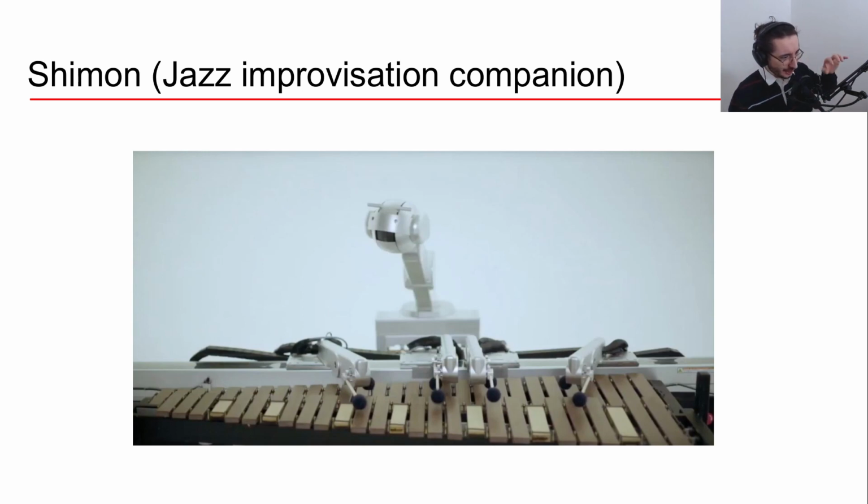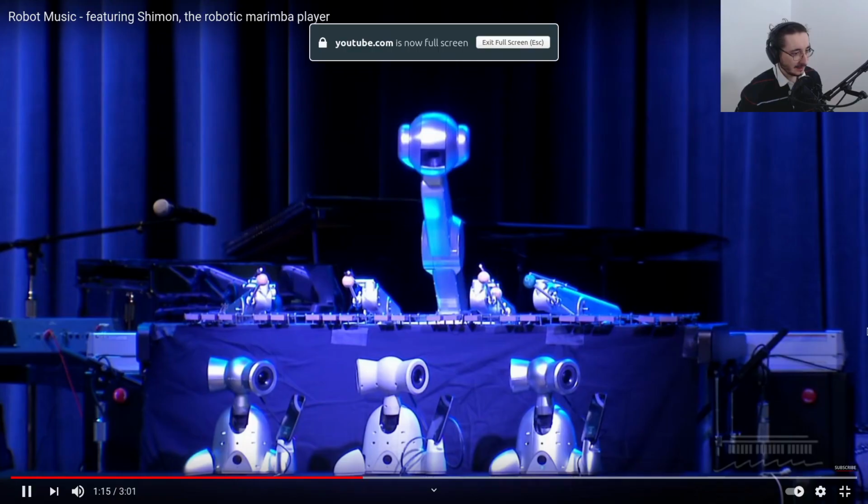So I want to start with this amazing piece of research. So this is Shimon. Shimon is a robot, and he improvises jazz on a marimba. And the cool thing is that he improvises jazz in real time, playing with other musicians.